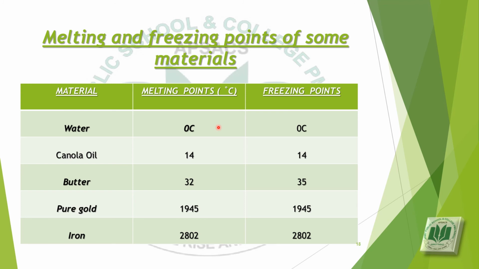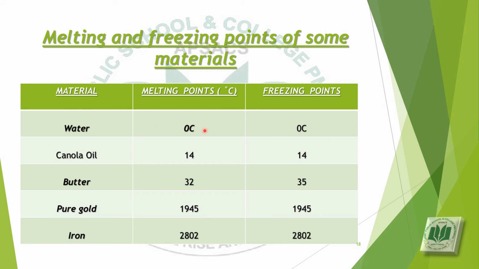Students, now in this slide, we are going to describe melting and freezing points of some materials. We will discuss different melting and freezing points of different materials. Here we have a chart with some materials and their melting and freezing points. The first material is water.